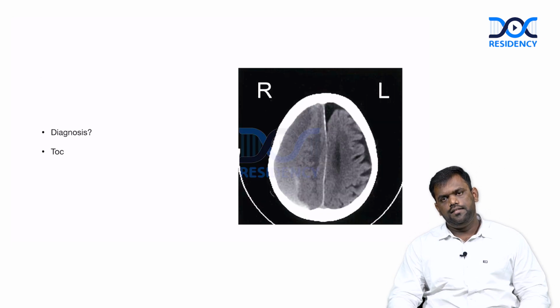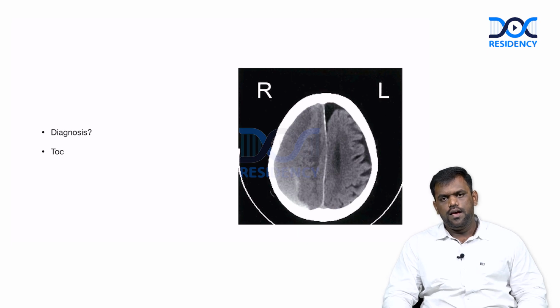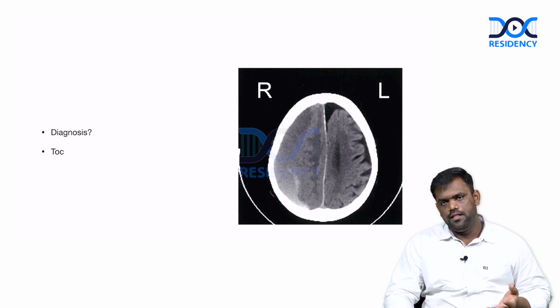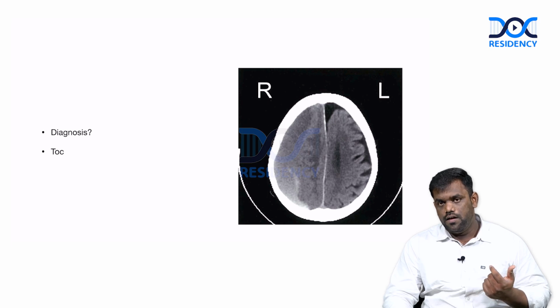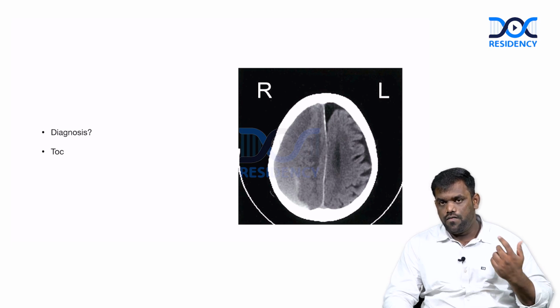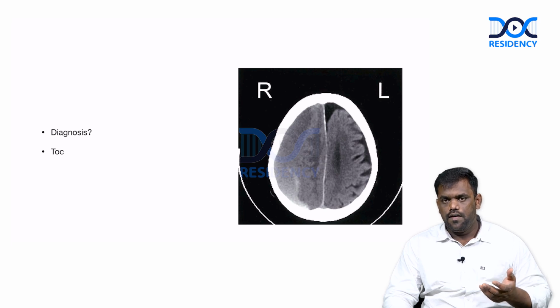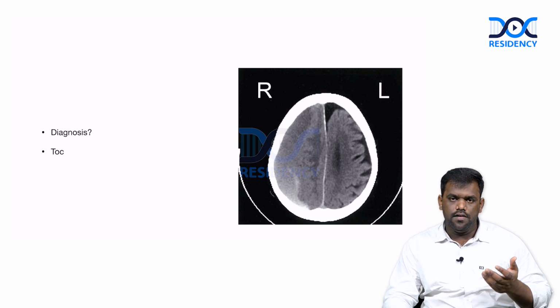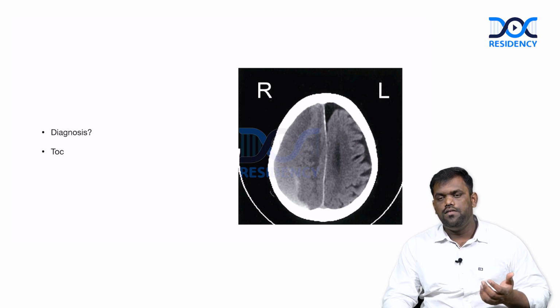The next scenario is not acute trauma. The patient may have a previous trivial trauma and multiple repeated falls, or may have taken anticoagulant drugs. A patient with coronary artery disease usually takes aspirin, clopidogrel.